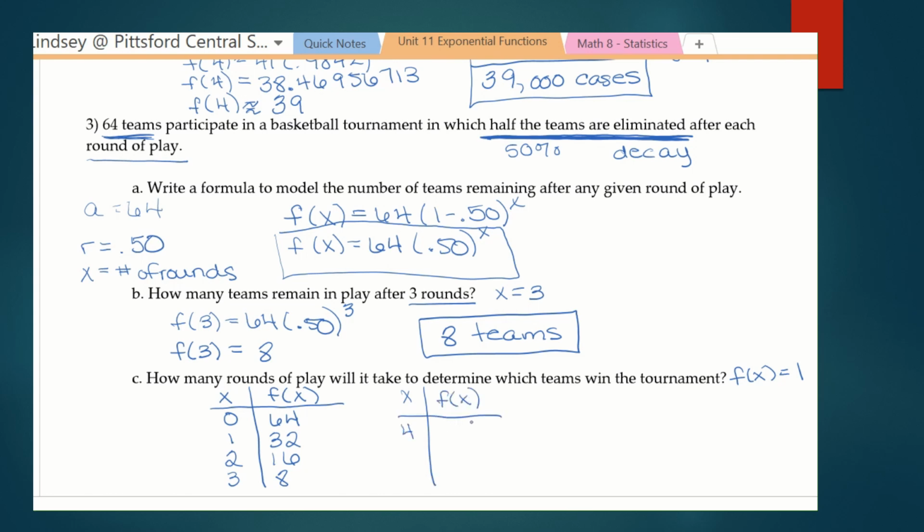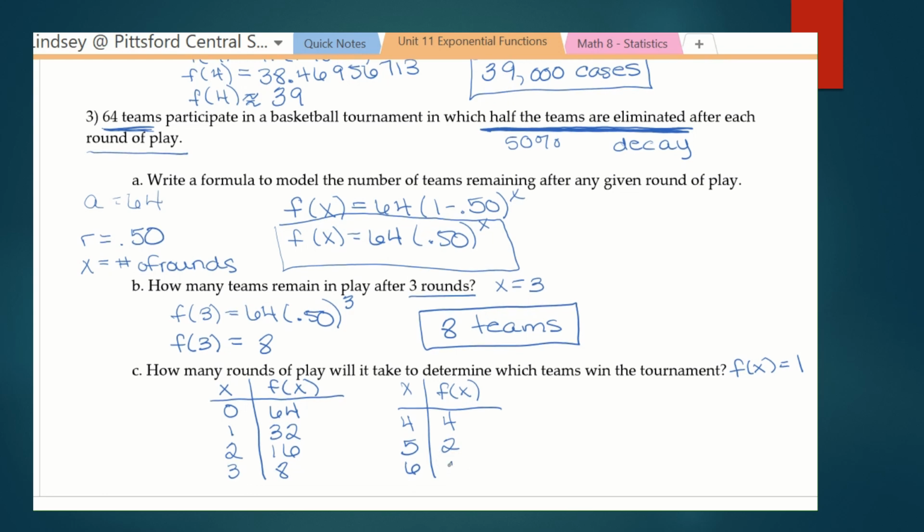After 4 rounds, we get 4. After 5 rounds, we get 2. After 6 rounds, we get 1. So it looks like after 6 rounds, our team is going to win the tournament.